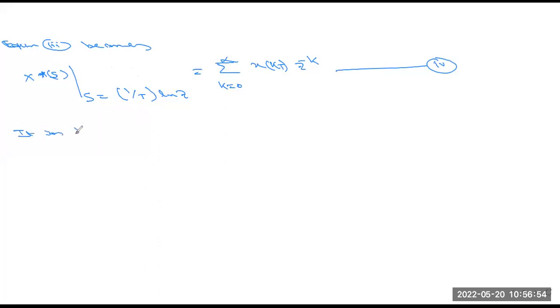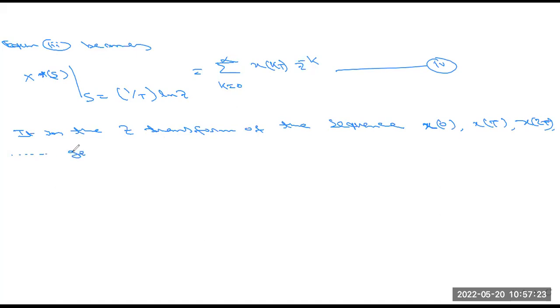It is the Z transform of the sequence, that is, first x of 0, then x of t, then x of 2t, dot dot, generated from x of t at t equal to kt, where k is 0, 1, 2 dot dot dot.